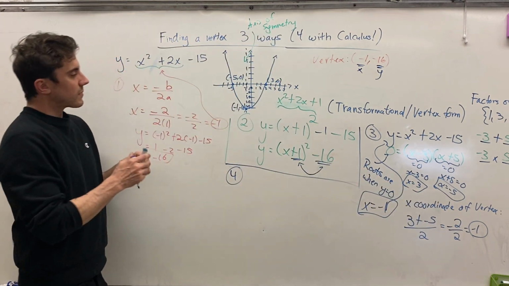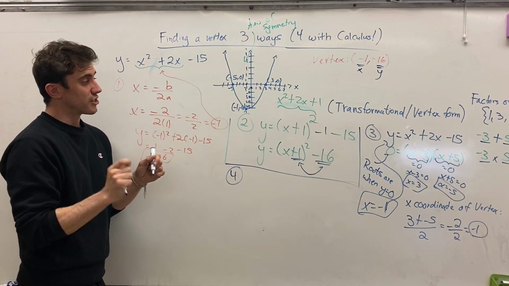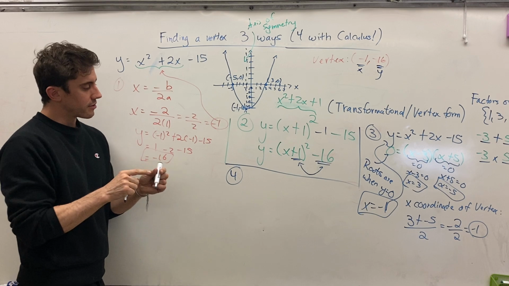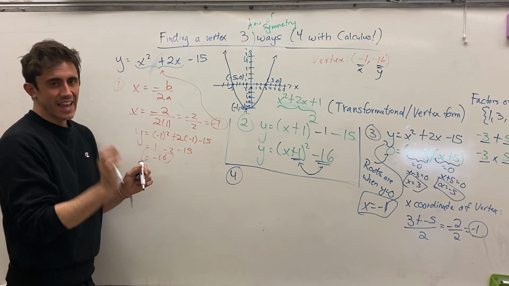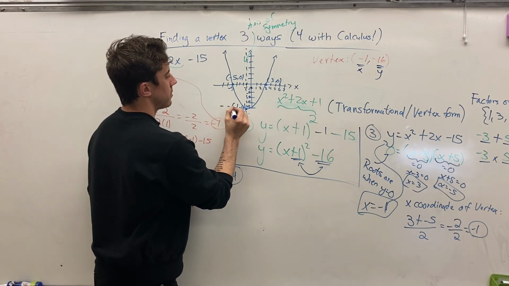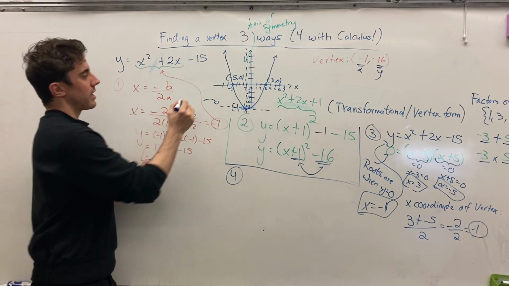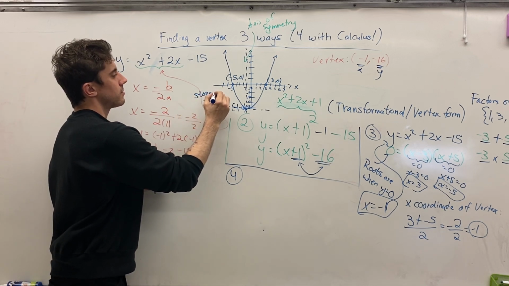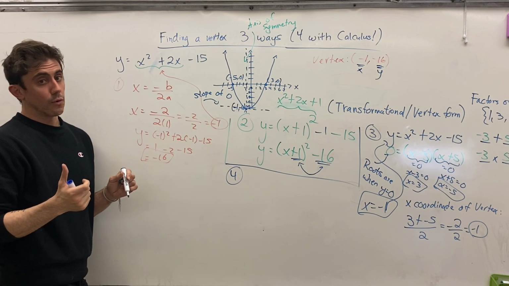And so, since our first derivative looks at the slope of the tangent line to the curve at any point along the curve, if we found the point where the slope of the tangent line is 0, a perfectly horizontal line, then that would have to be a maximum or a minimum.